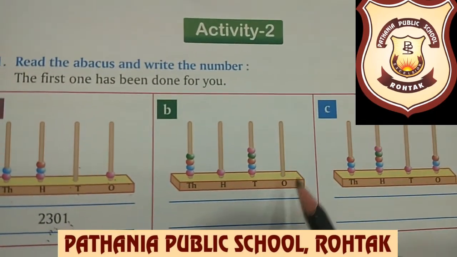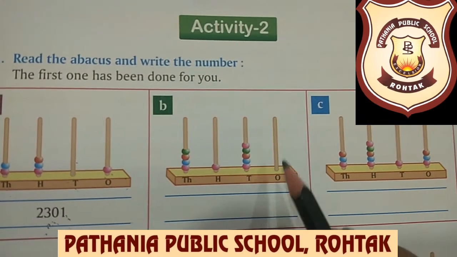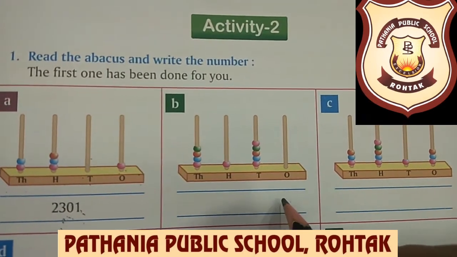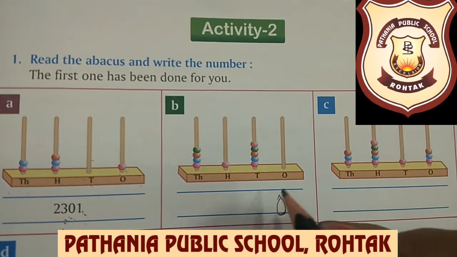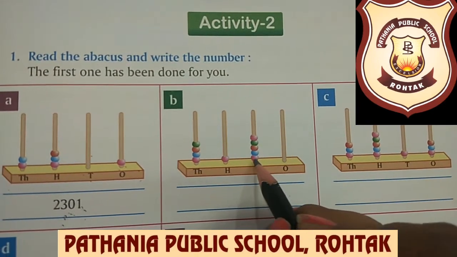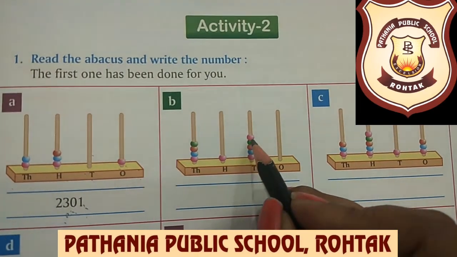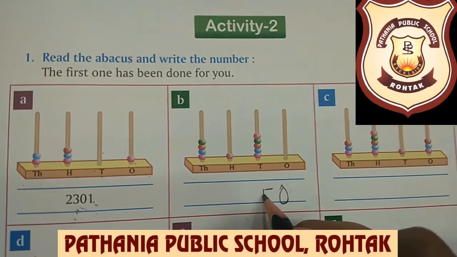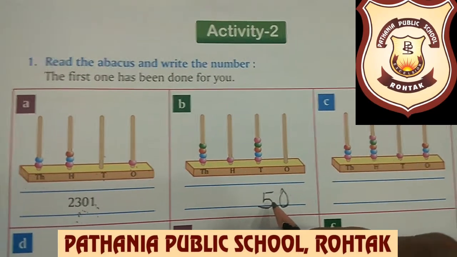Now please tell me how many beads are there at ones place? Yes, no. So it will be 0. Now how many beads are there on tens place? Let's count. 1, 2, 3, 4, 5. Yes, 5 beads are there at tens place. So we will write 5.